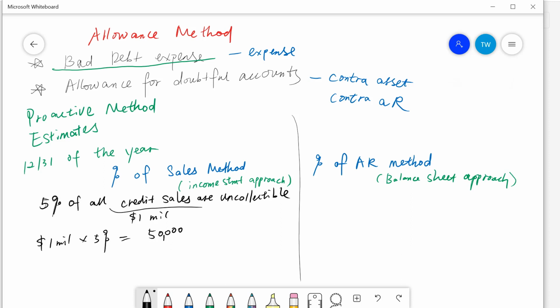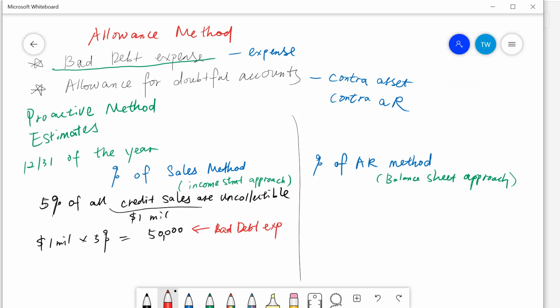Okay, this 50,000 is your estimated bad debt expense.